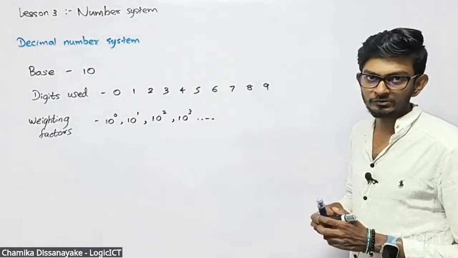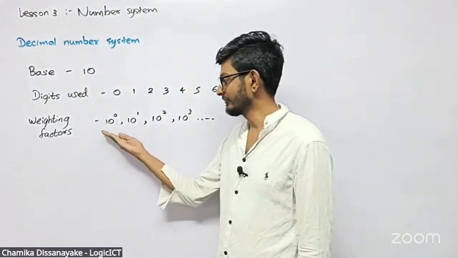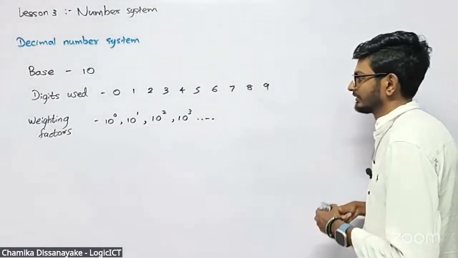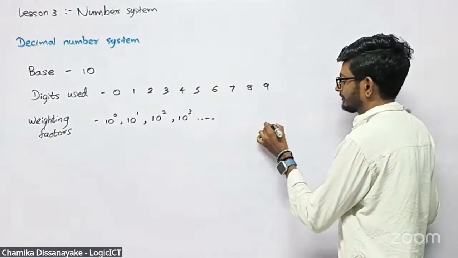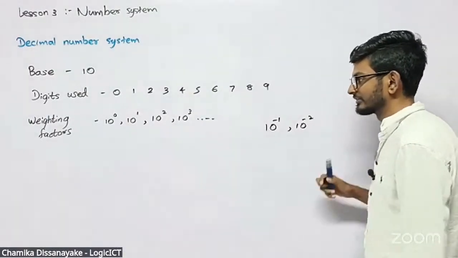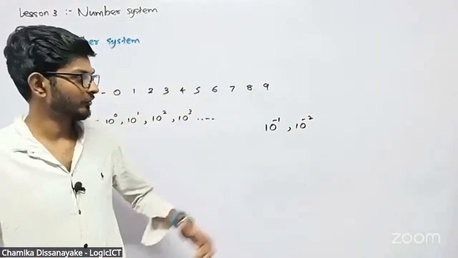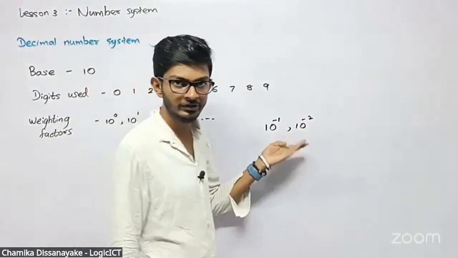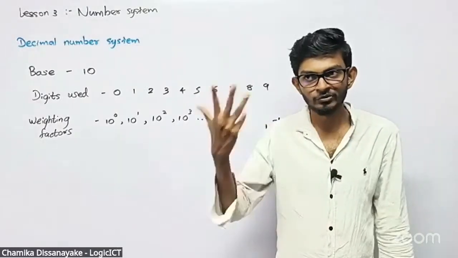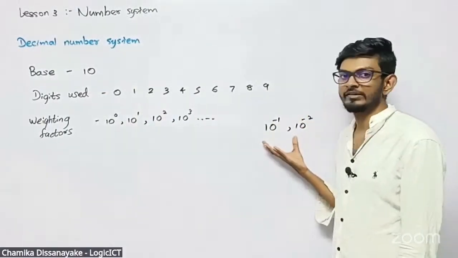The other thing, guys, for the O-level exam, we don't have weighting factors like 10 to the power -1, 10 to the power -2, the negative ones. But when you move to the A-levels, we will have the negative weighting factors also.